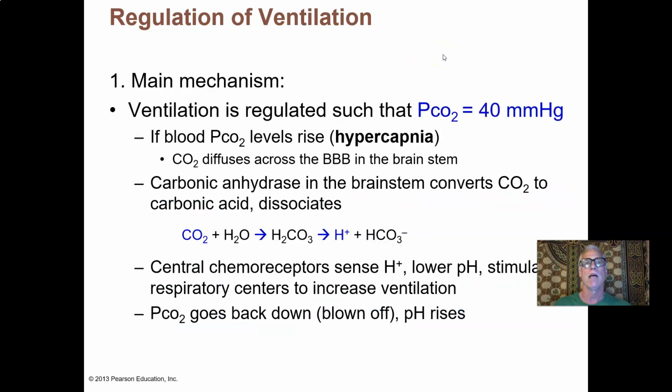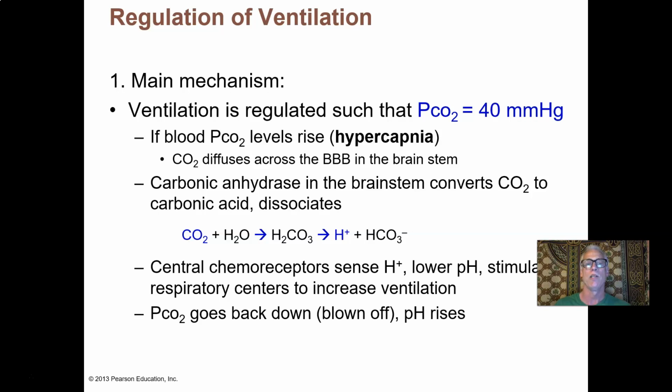Okay, so that main mechanism, ventilation such that partial pressure of CO2 in arterial blood is 40 millimeters of mercury. So how's that done? If the blood CO2 levels start to rise, this is an example of this negative feedback system, carbon dioxide will start diffusing across the blood-brain barrier, as it avidly does, and there's carbonic anhydrase there in the brainstem, and so that will convert the CO2, combine it with water to produce carbonic acid, which, being a weak acid, will begin to dissociate into hydrogen ions and bicarbonate ions, and the central chemoreceptors are actually monitoring hydrogen ion concentration.